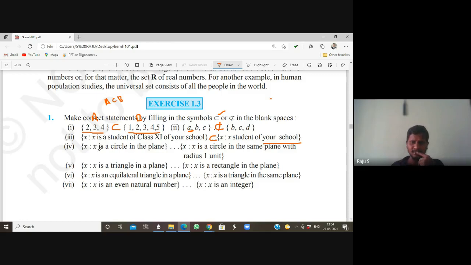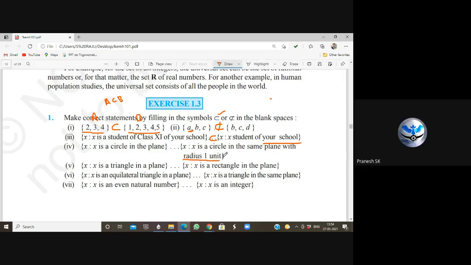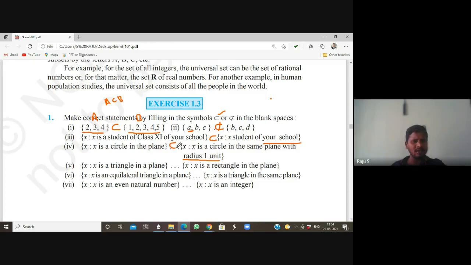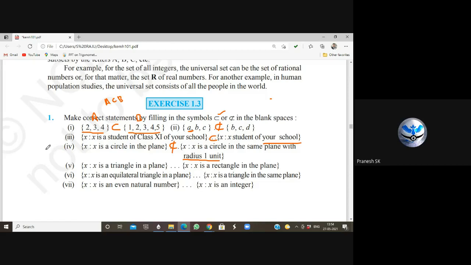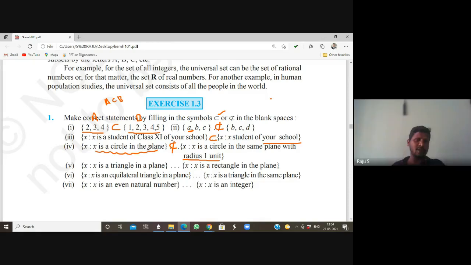X is a circle in the plane. Here, X is a circle in the same plane with radius 1 unit. Not a subset. How can you say it is not a subset? Here X can be a circle of radius 2 unit or 3 unit. Exactly.